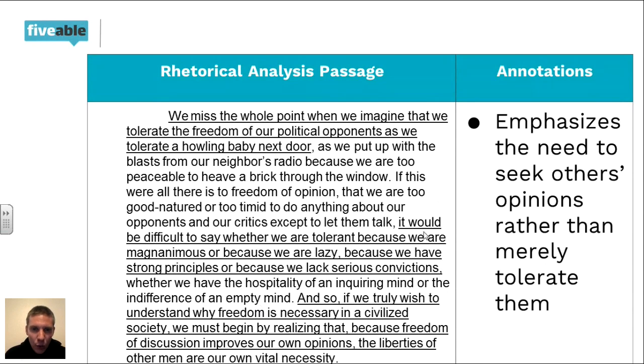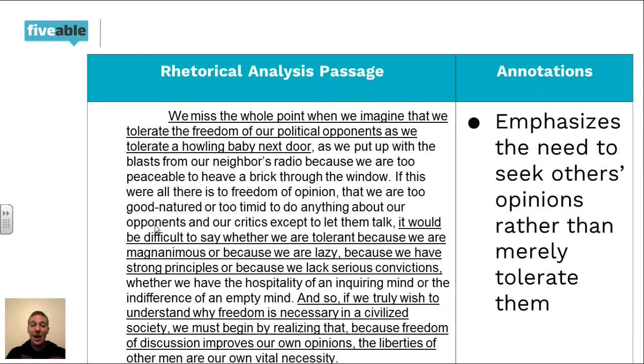So it would be difficult to say, and now look at this juxtaposition. This is positive, and then very, very critically negative. So the audience would say, okay, we're pretty positive about this. We tolerate people. We're tolerant. So they would align themselves on the first of these three series.